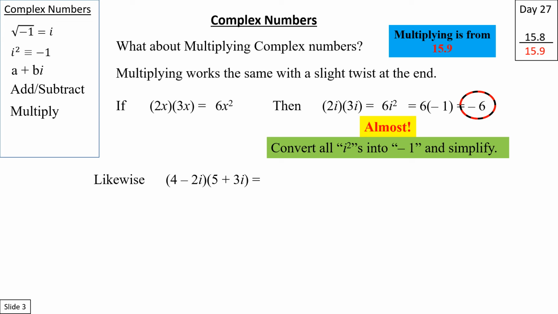Likewise, 4 minus 2i times 5 plus 3i. If we FOILed it out, we'd have 20 plus 12i minus 10i minus 6i squared. Collecting the i's in the middle would give us 20 plus 2i minus 6i squared. And now remember, i squared is -1.